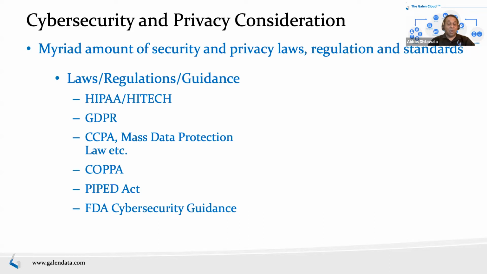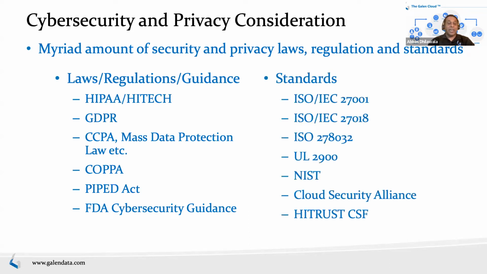And it's not a comprehensive list either. And then there is a myriad of industry standards. So all these have different requirements, different things you have to do as part of your design, different things you have to do as part of your production and operation support. When compromises happen, who to notify, how quickly to notify, and all that stuff. It just gets very complicated very soon.